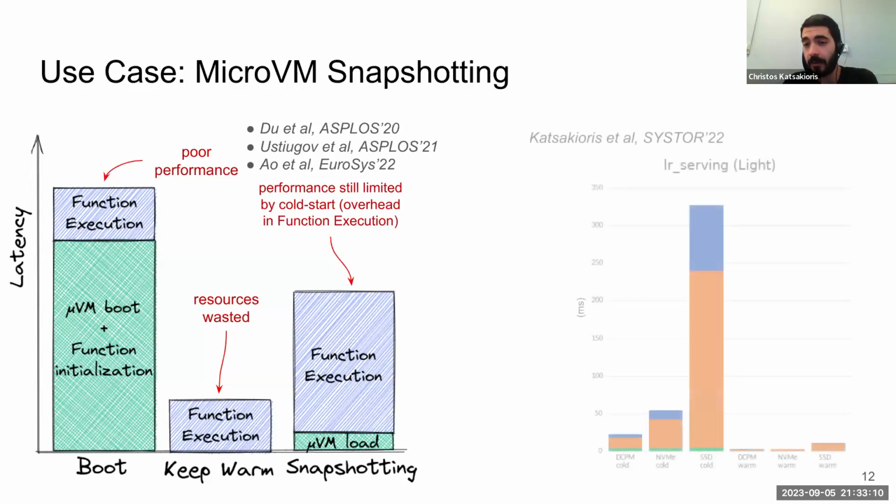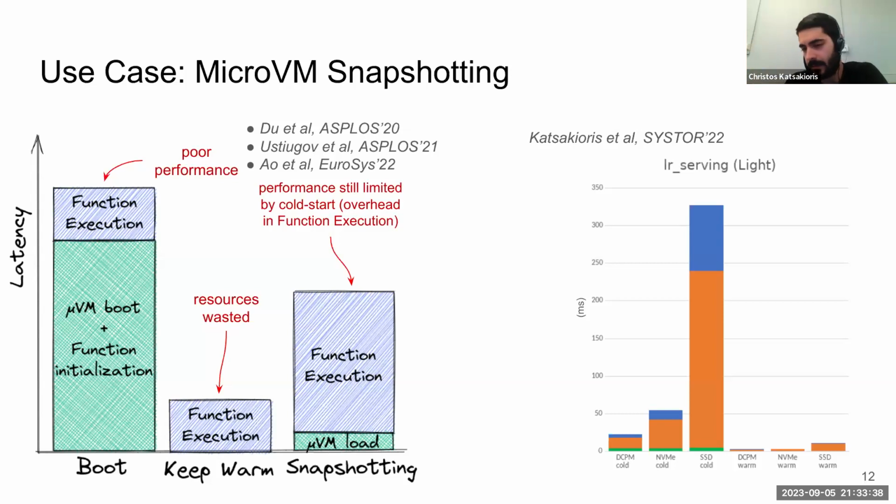And in our prior work, we have identified that these overheads depend heavily on the storage medium that backs the snapshots. So our test cases were an Optane NVMe SSD, an Optane persistent memory, and a flash SSD.